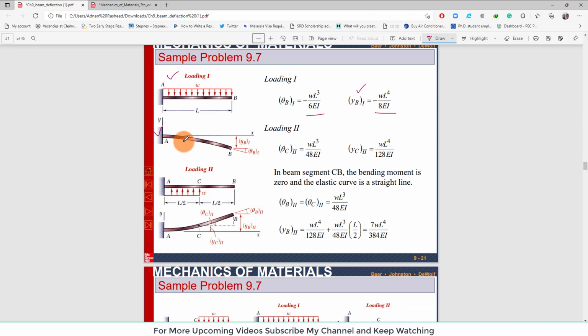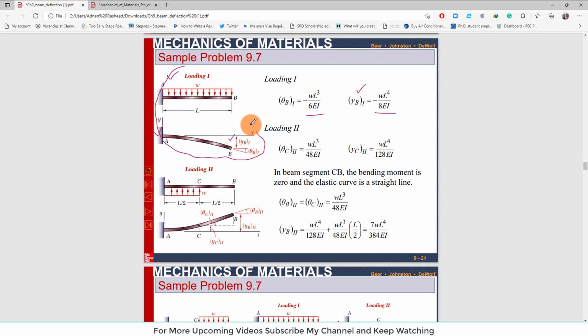Now for loading 2, this is the slope and deflection diagram. So you can see these are for loading 1, clear.